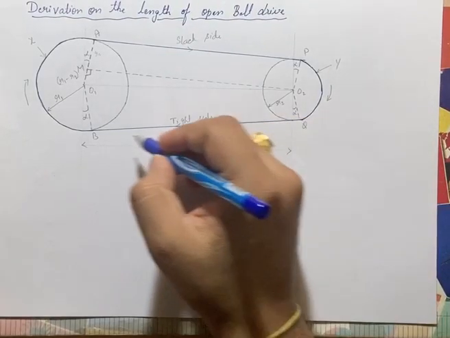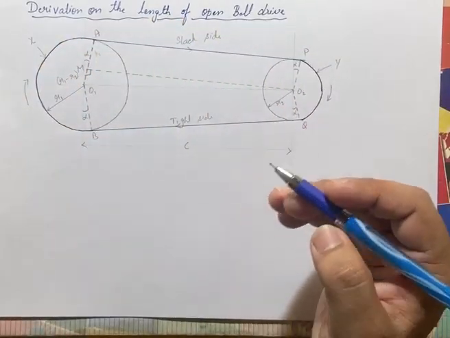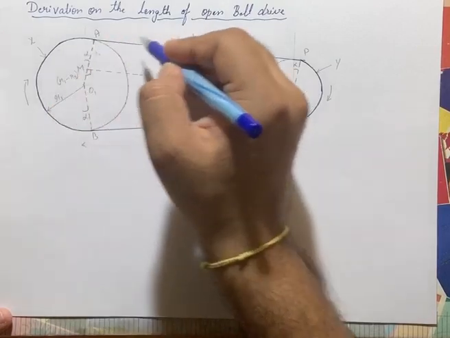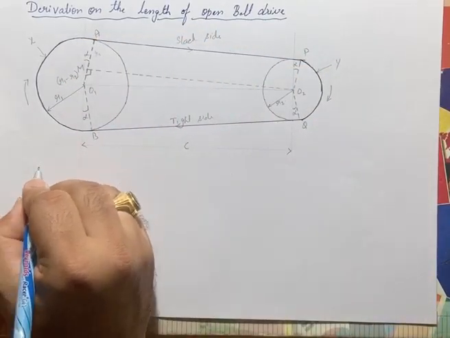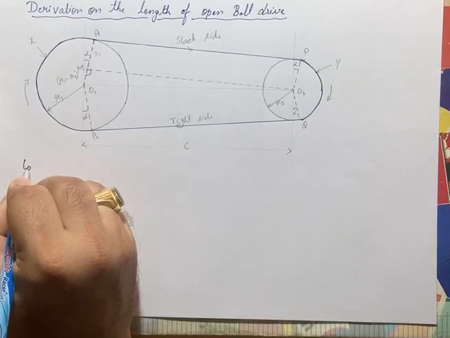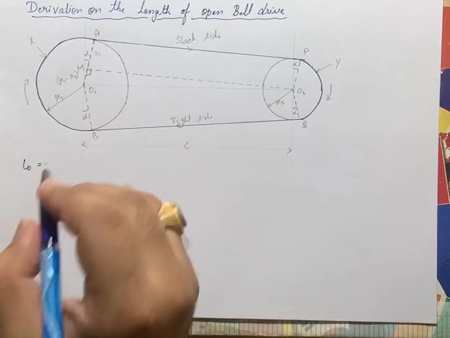Now whatever I have written in pen, in this color, is nothing but the belt, the length of the belt drive. So when I want to write the length of an open belt drive, LO is the length of an open belt drive.